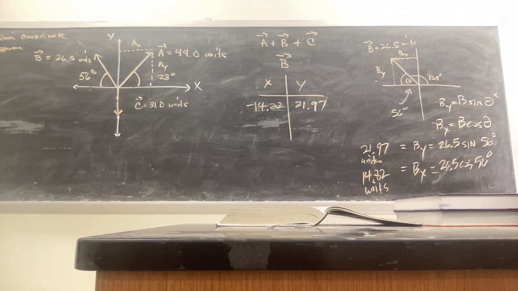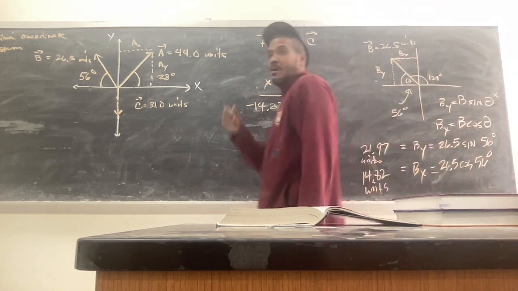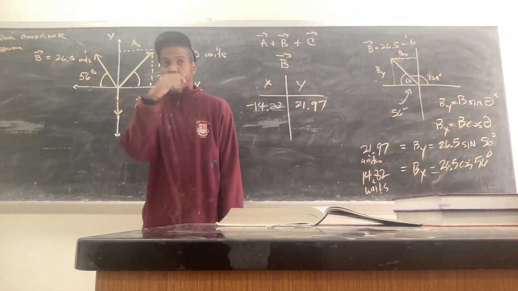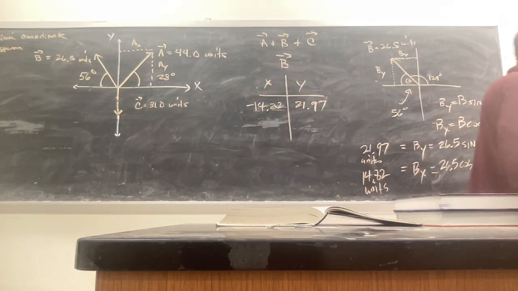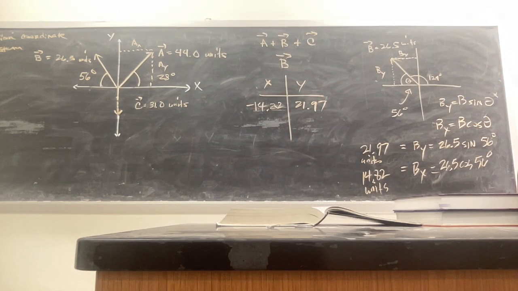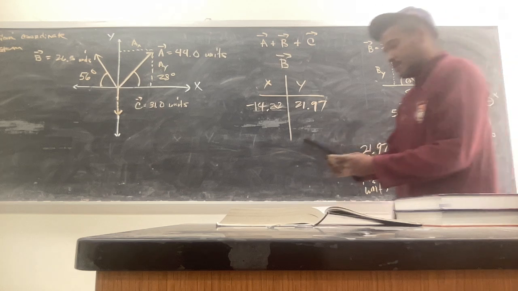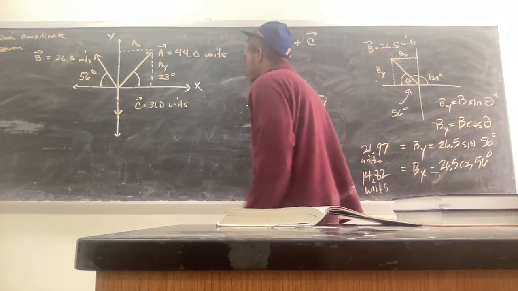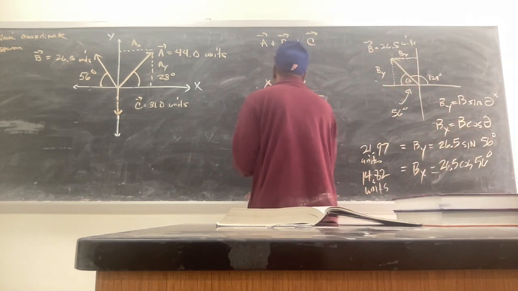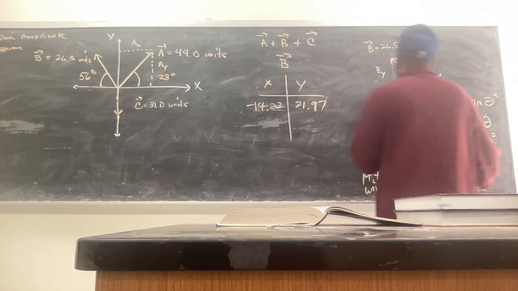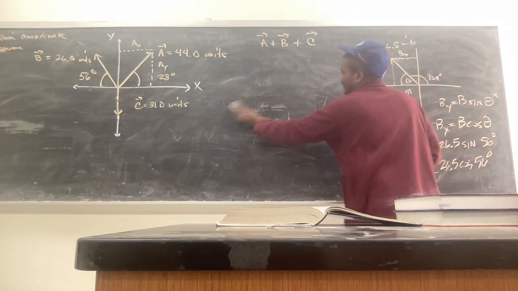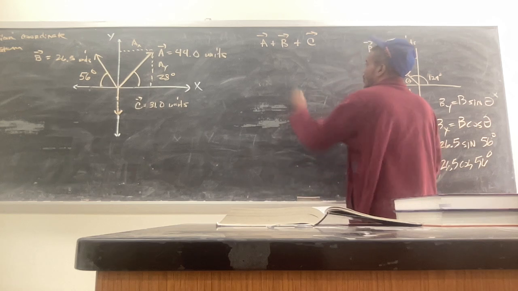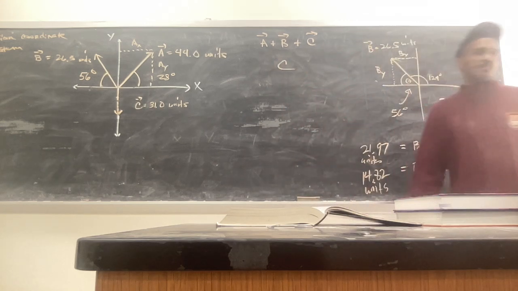All right, so now we got components for A, components for B. Now let's do C. Component C is quick. Let's just draw. Y'all got all of this, hopefully? Now we're in vector C, so now we are resolving.